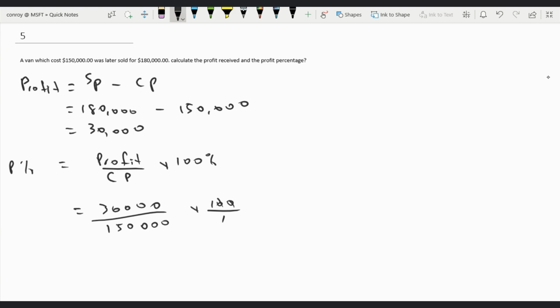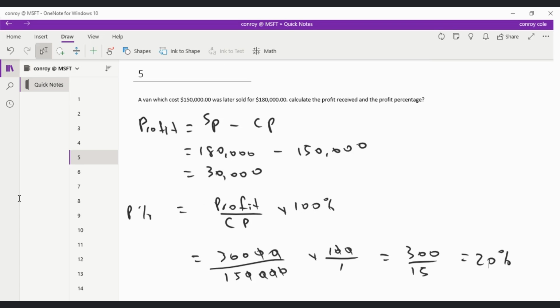And if we're able, we can cancel zeros. Then we would be left with 300 divided by 15. That's equal to 20%. Alright, so the profit is 30,000 and the profit percentage would be 20% profit made on the van.